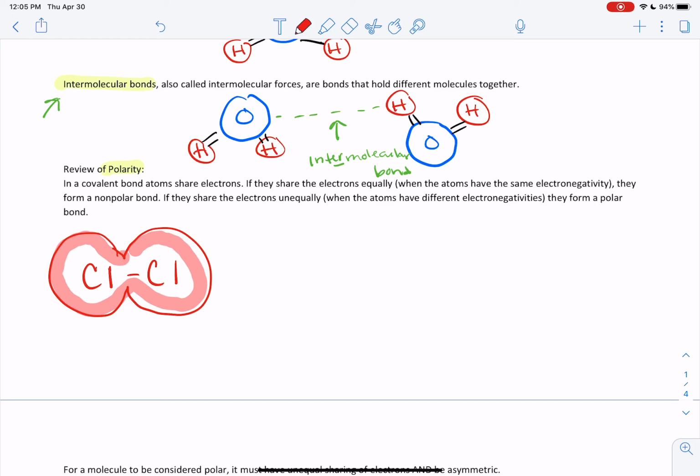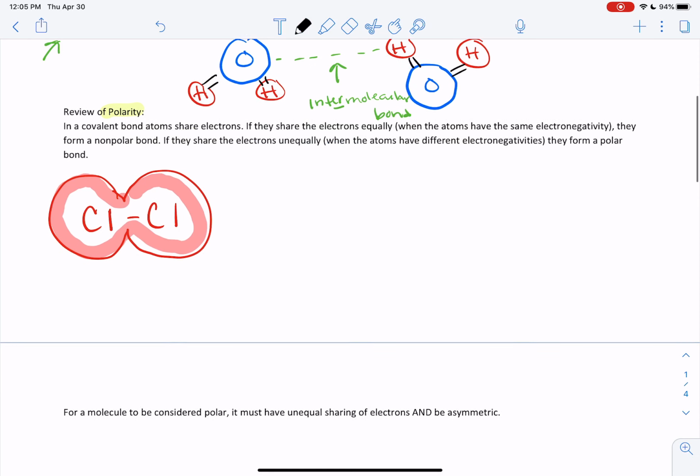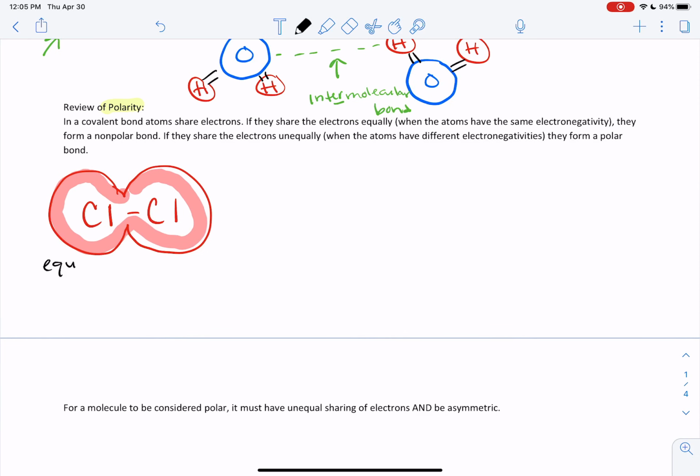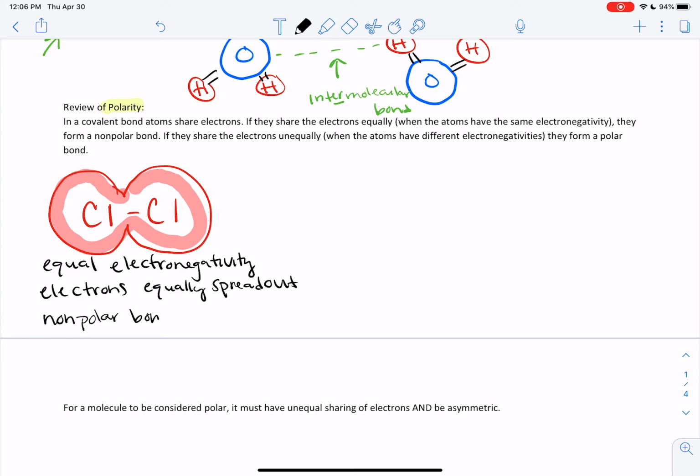Okay, so we have equal electronegativities. They're the same atom. So electrons are equally spread out. And this makes this a nonpolar bond. Okay.